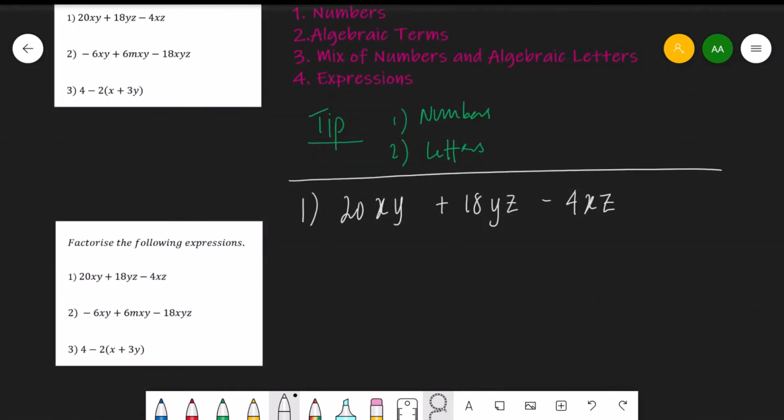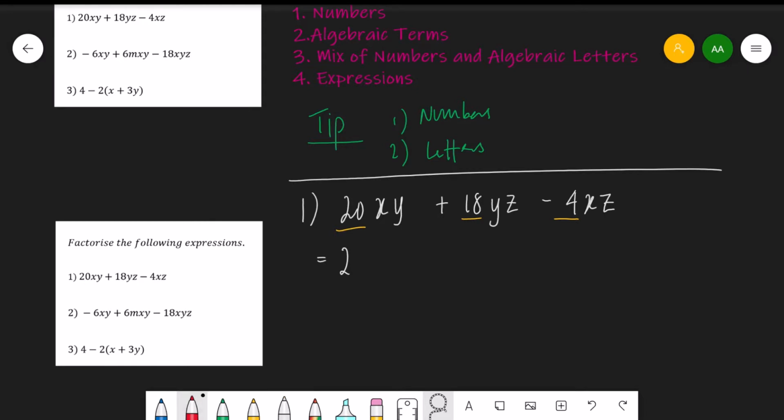So we go back to our tip, compare our numbers first. Between 20, 18 and 4, the common factor seems like 4, but no, 18 does not have 4 as a common factor. So it seems that only the number 2 is a common factor for them.